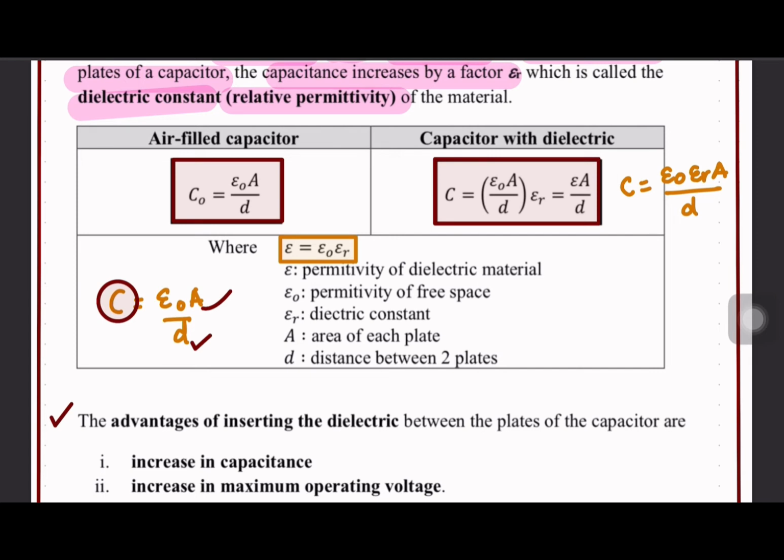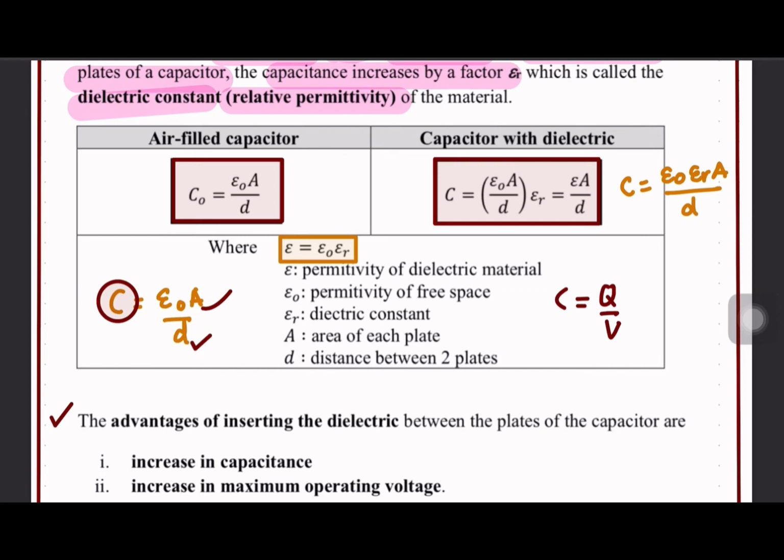So ada tiga cara untuk kita tukar kapasitor kita. Pertama, kita tukar dia punya area. Kedua, kita tukar dia punya D. Dan ketiga adalah bila kita insert dielectric. Okay, so you akan tanya saya, oh madam, kenapa C equal to Q over V ni tak boleh? Yang ini macam saya cakap, kalau you tanya kapasitor hanya depends pada apa?